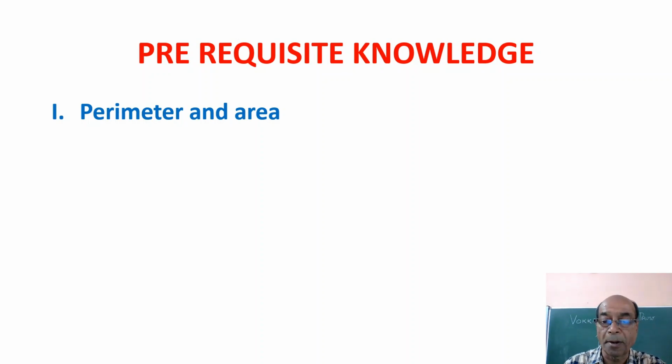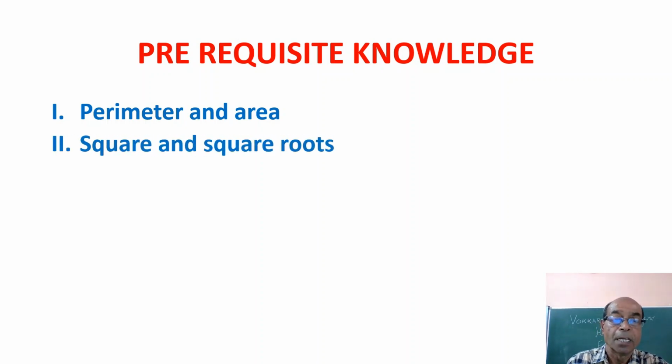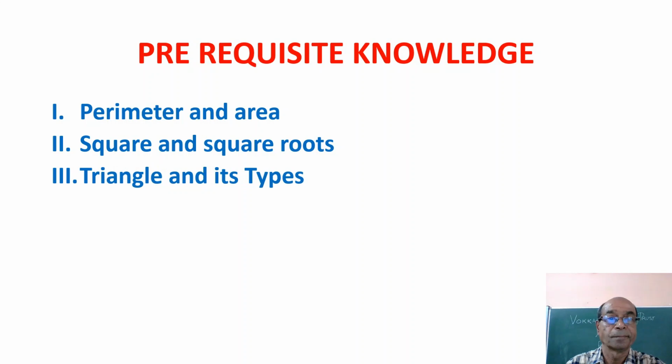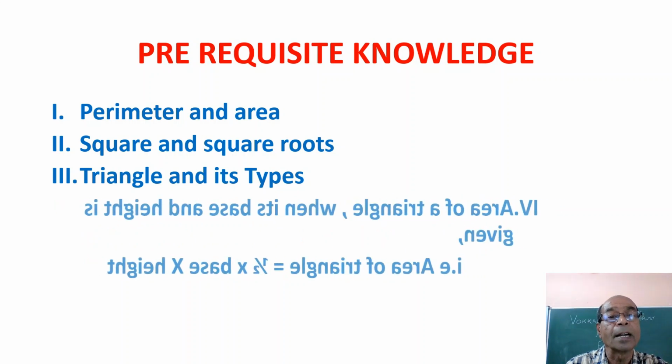This is very important to understand Heron's formula. Square and square roots. Triangles and types of triangles. All these things we have studied, but we are only trying to recollect and refresh our memory so that we get on to Heron's formula and understand without difficulty.